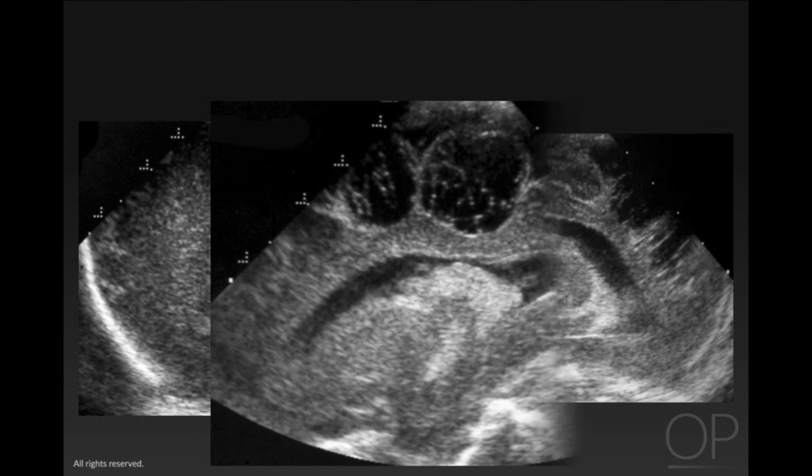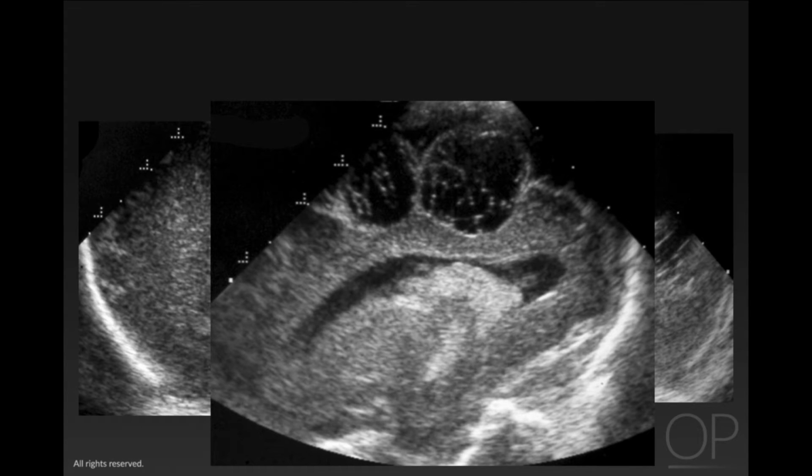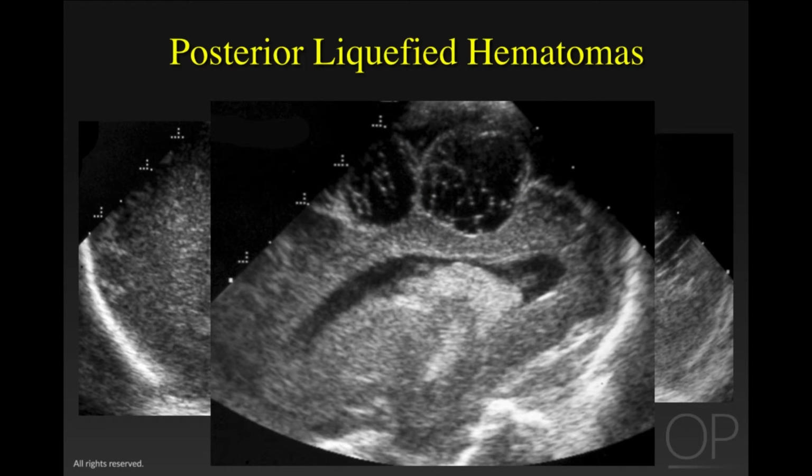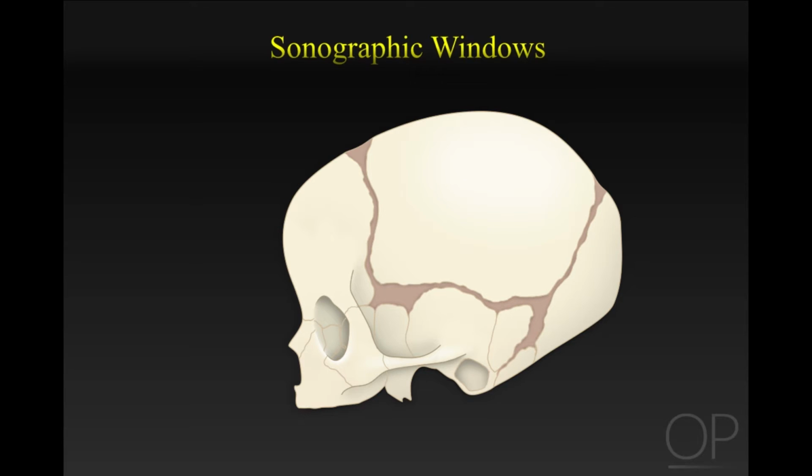Using the posterior fontanelle, we could see that these focal areas of complex fluid were in fact liquefying hematomas that were in the peripheral cortex of the brain. And so the posterior fontanelle was very useful in identifying and better characterizing these lesions.